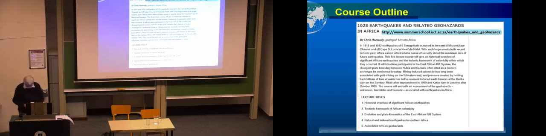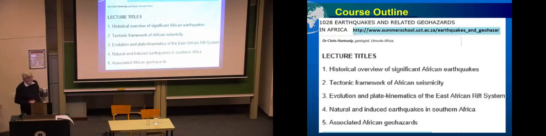You've seen the overall course outline. That was the whole blurb on the web page, and there are 5 lectures, and these are the titles. I'm going to begin in historical ways, so I'll begin with pre and early instrumental seismology, because seismology is a young science, around about 1900, and I'll elaborate on that.